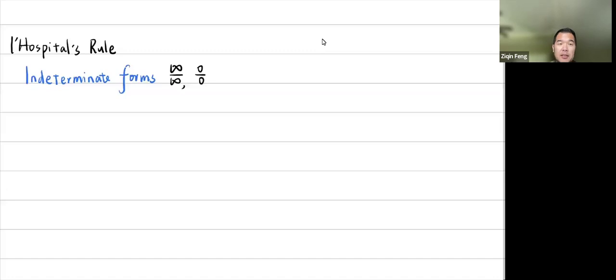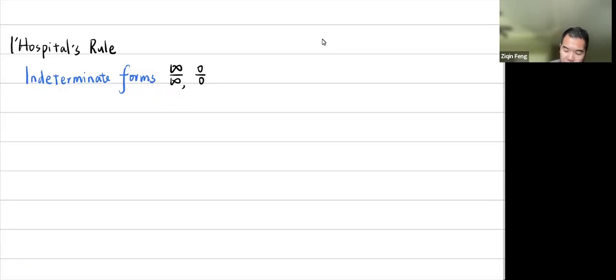That means you differentiate numerator and denominator separately. If you get the limit of this new quotient, if that limit exists, then the original limit also exists, equal to the same number.